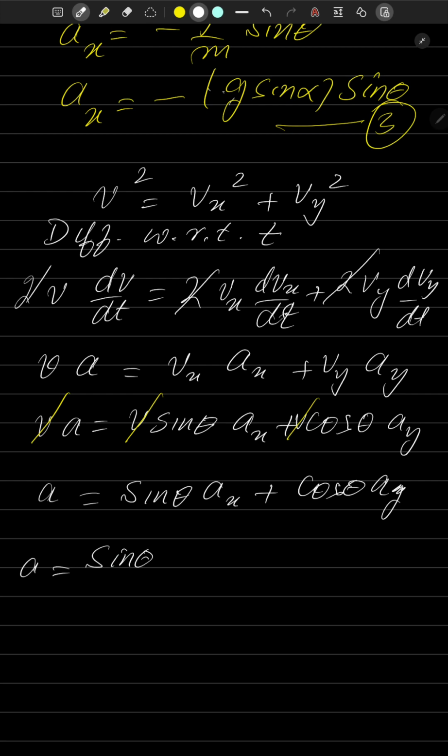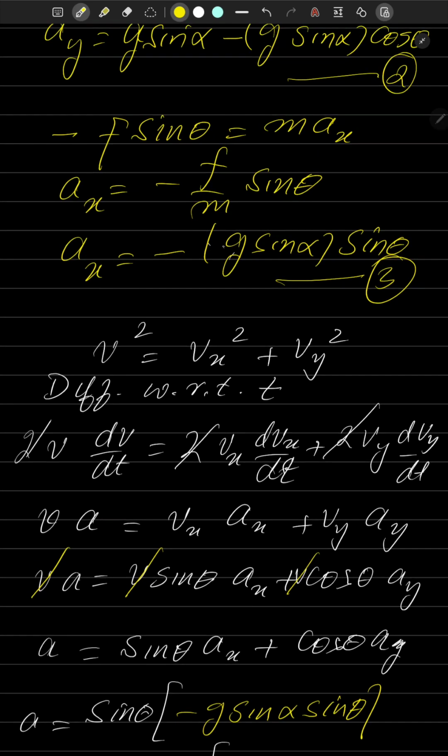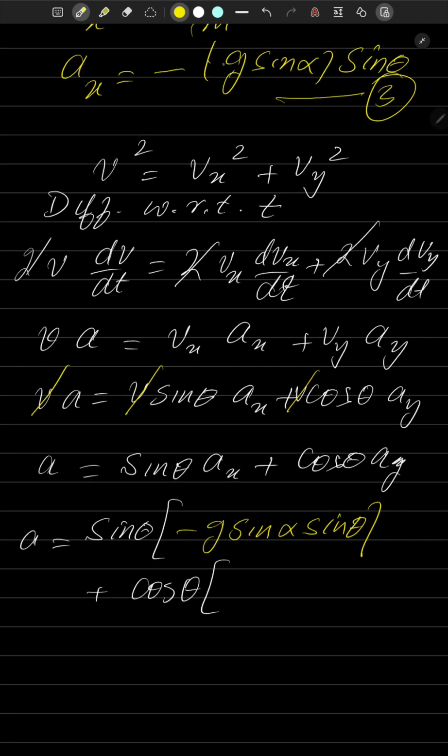Look at the acceleration along x. I will use the value from the previous equations, like minus g sine alpha cos theta. Of course, the second term has cos theta with the acceleration along y, which we have calculated already as g sine alpha.